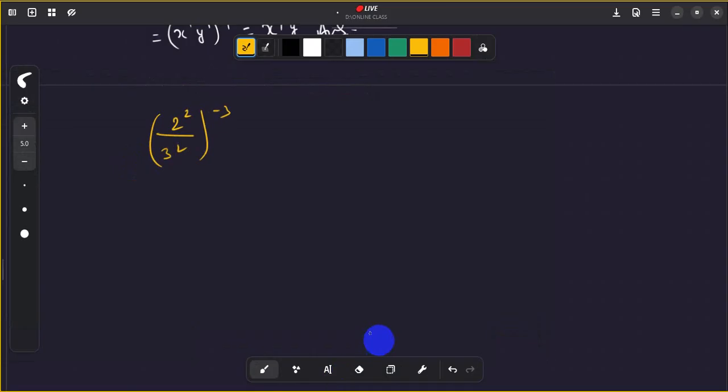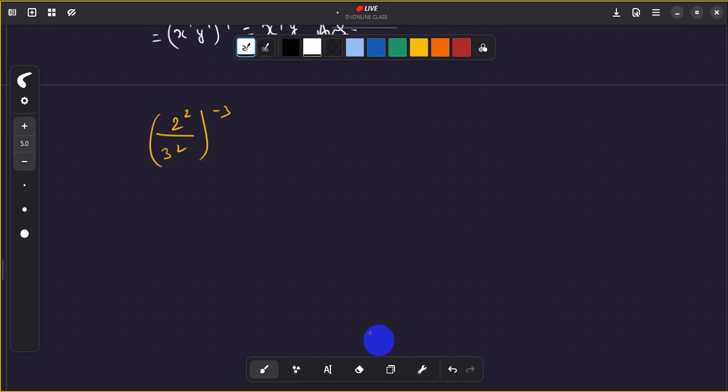Okay, at first, look at the power of these both terms. What is the power of 2? It's 2. Power of 3 is 2, right? Both numerator and denominator have the same power. So this power can be taken as common by using laws of indices, because power 2 is common for 2 and 3 both.